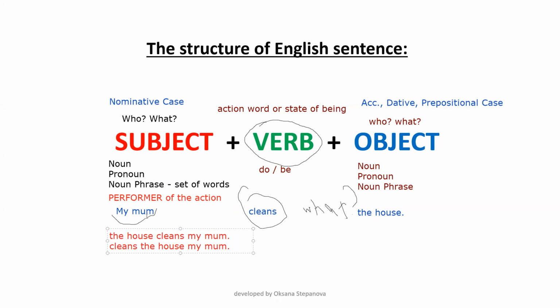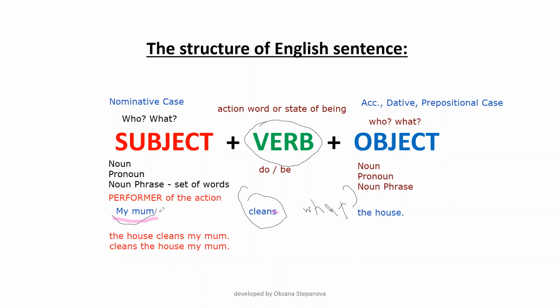The way the subject agrees with the verb in number and gender, we call this subject and verb agreement. So for example, you can see here that S agrees with the noun mom, which is third person singular.